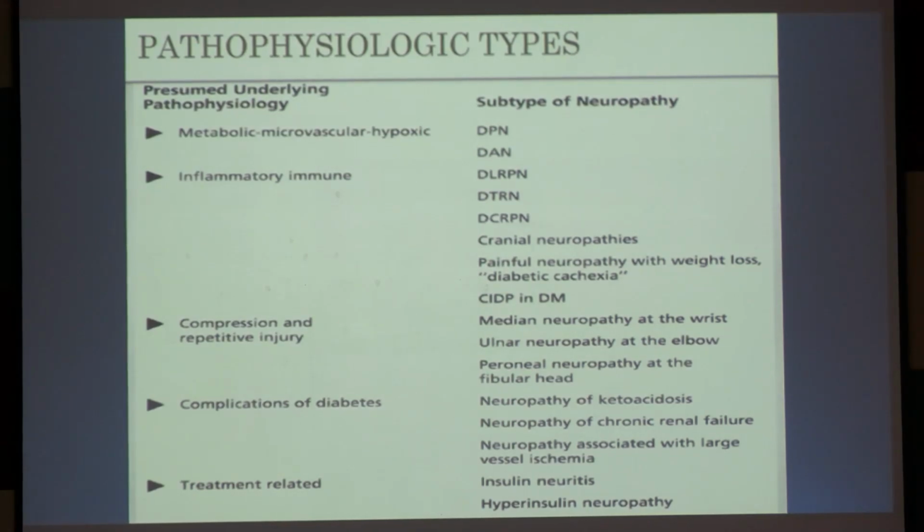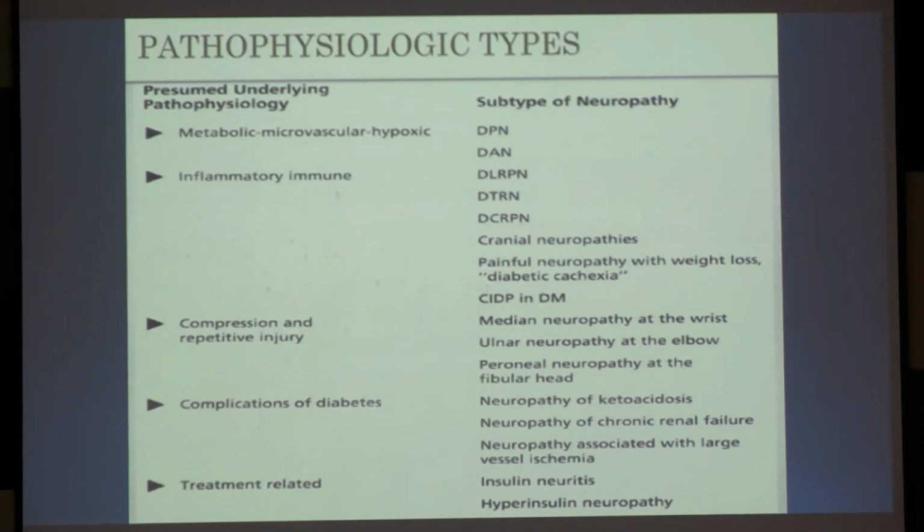Third, compression and entrapment: median nerve compression producing carpal tunnel syndrome, or tibial compartment syndrome, or fibular nerve involvement at the head of the fibula.